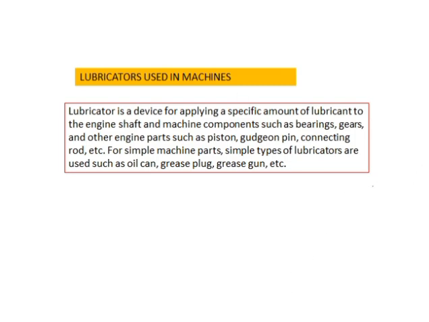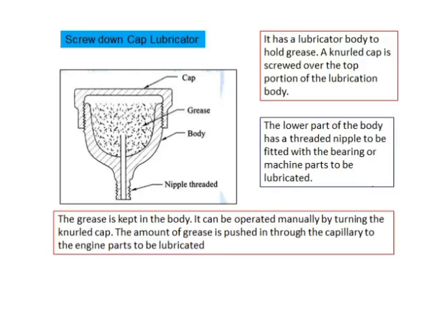For others, we are using special devices as below. One is the screw down cap lubricator. It has a lubricator body to hold grease. A knurled cap is screwed over the top portion of the lubricator body.